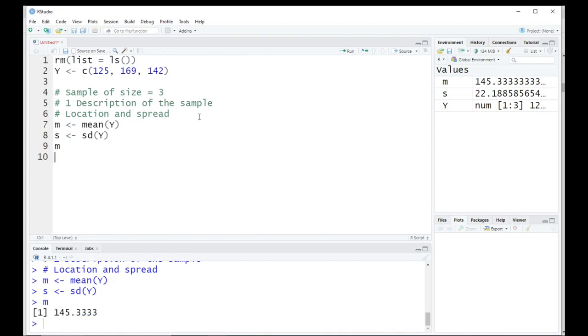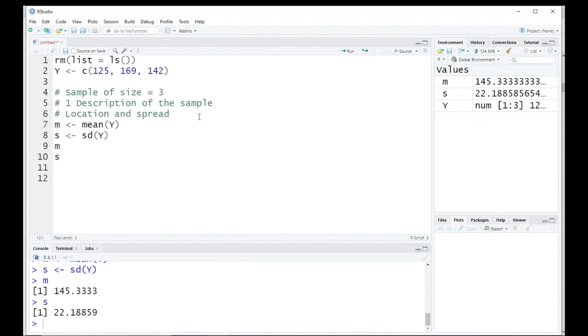So we get the mean, that is 145.3, and the standard deviation, that is 22.19 nanograms per gram. Okay. So this is our result.